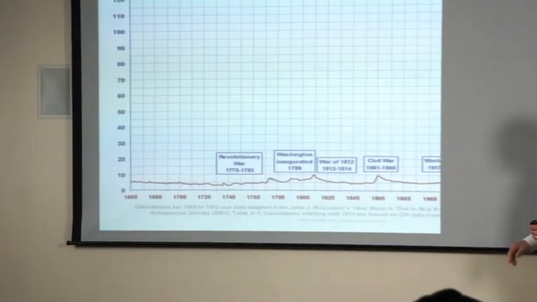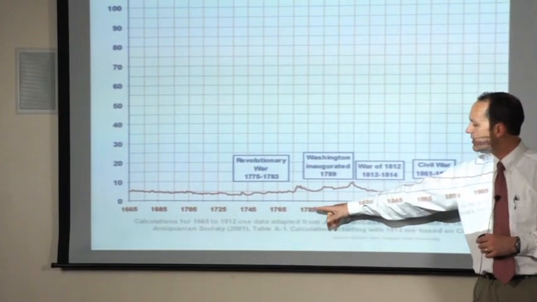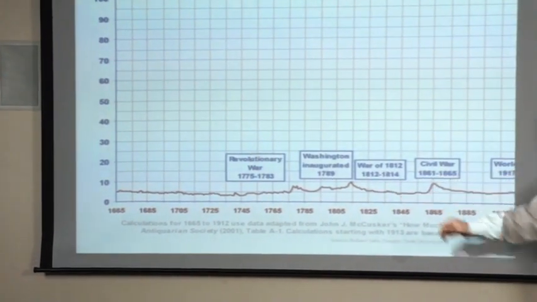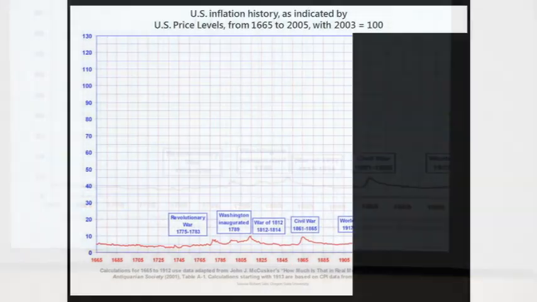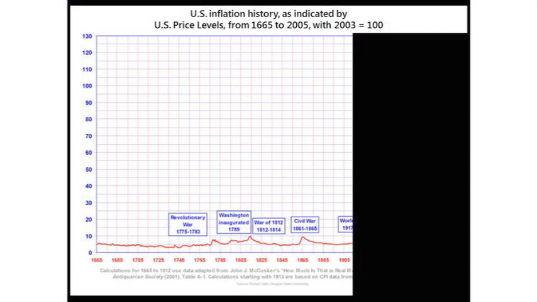And you'll notice that as we get up to 1776 here, there's a little blip of inflation to help fund the war. They were printing and printing those continental dollars. As we get to the War of 1812, we again went into debt for the war. But you'll notice after each one of those blips upward to pay for a war, they paid off the debts and the inflation goes back down.